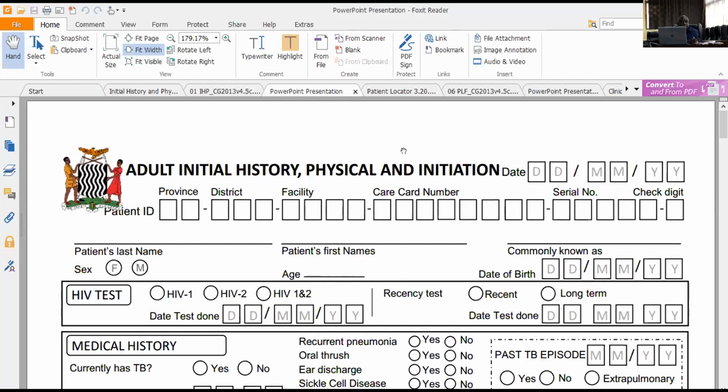However, I just wanted clarification: I've noticed that ESC has been included on the initial form. Is this meant to cater for the transfer-ins? So, ESC on the initial form. All right, thank you so much.